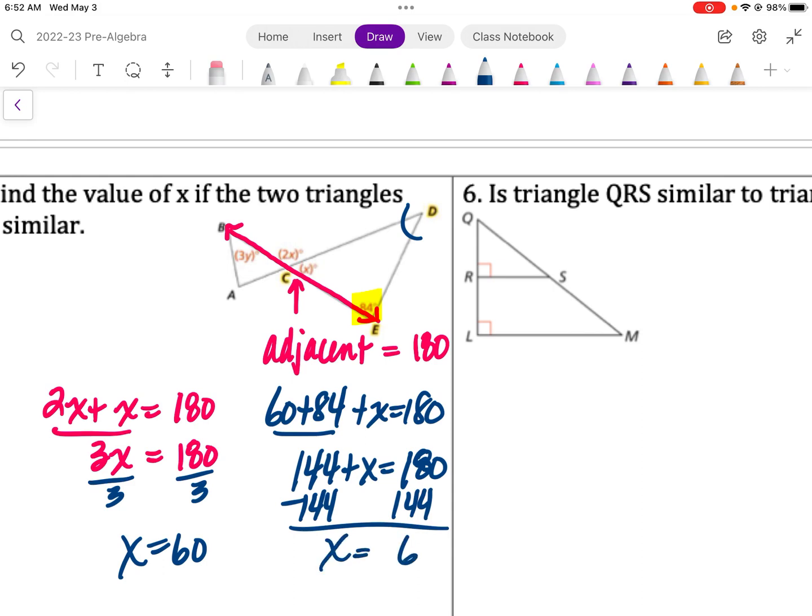So x would equal 36 degrees. This would be a 36-degree angle up there in the corner. But you know what? I don't even think they asked me to find all of that.